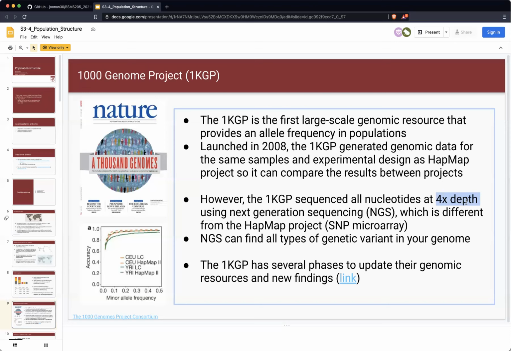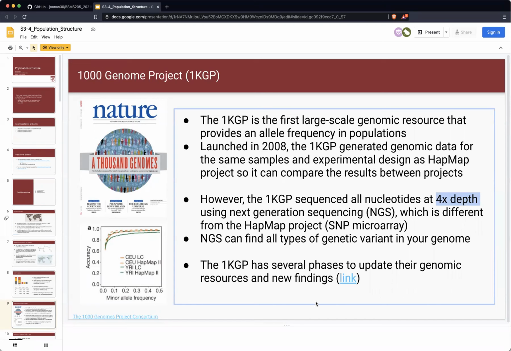And the 1000 Genome Project, using this 4 times depth next generation sequencing, recorded all of the genotypes from the individuals. So this is a way different approach from the HapMap project's microarray approach. The reason is that we literally look at all of the nucleotides in an individual, then compare their genotypes to each other, and we can get much more detailed information about the population structure and also the allele frequency differences.